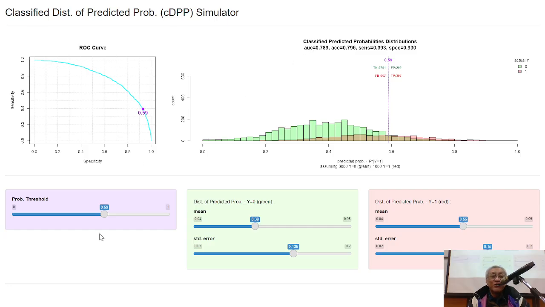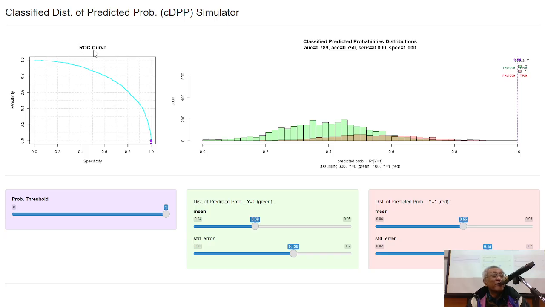As you can see, this AUC will not change, because this AUC already considers all of the thresholds. It is like the trace when we change the threshold from 0 to 1. This curve is called the ROC curve.